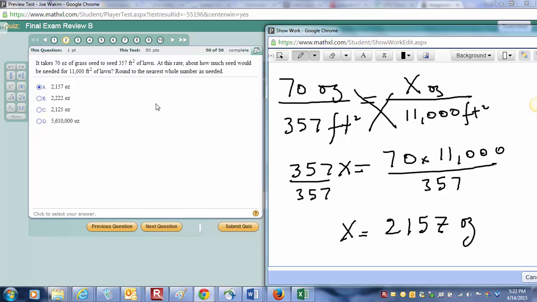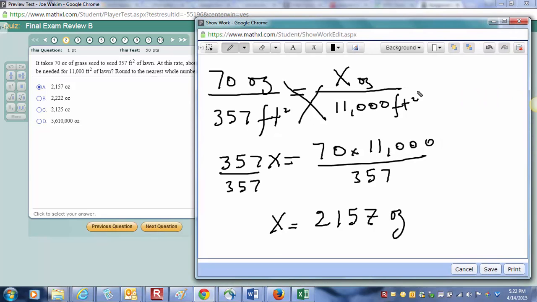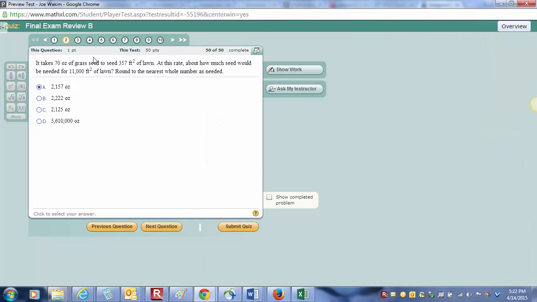So again, this is a proportion problem. Make sure to set up the proportion as ounces over feet squared, cross multiply, divide both sides by 357, and you should end up with the correct answer. All right, let's go to the next question, number 3.